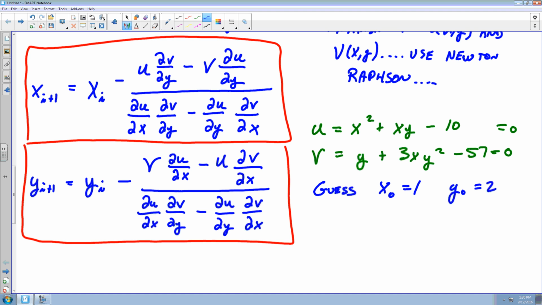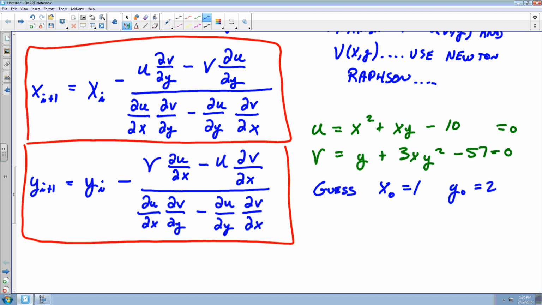But the reason I'm doing this problem now is because it is applying the tools of Newton-Raphson that I've already taught you, just extending it to two equations, two unknowns. So you might look and think, wow, that's a lot harder of a problem. The answer is not obvious, right? But you can look at it and think, hold on a second.